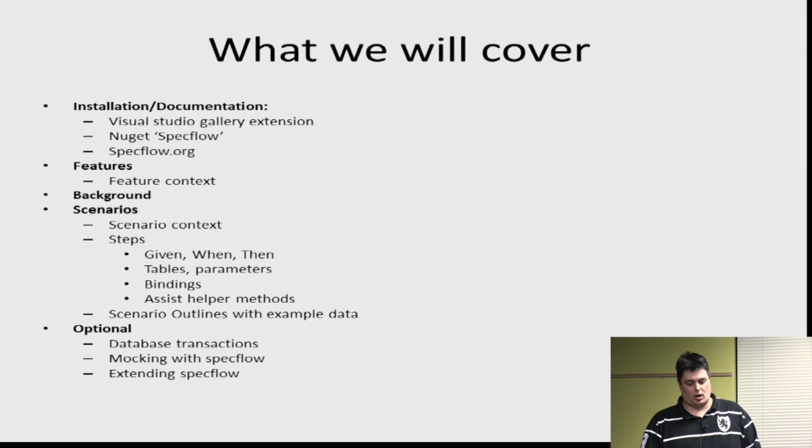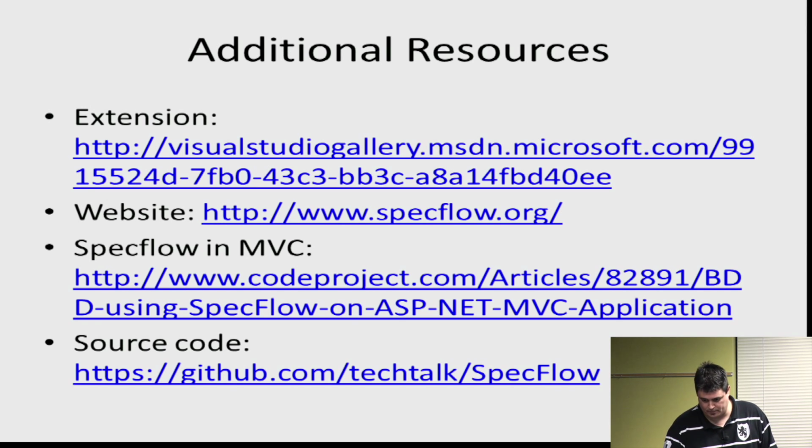Within scenarios, we'll talk about the scenario context. Then we'll dive into steps, given, when, then, parameters, bindings. And then if we have some time, I might go into some more advanced topics. And probably what I'll do is I'll leave this for the question and answer. So I'll bring this back up on QA, and if you guys want to know about it, I'll dig into it. So any questions? Okay.